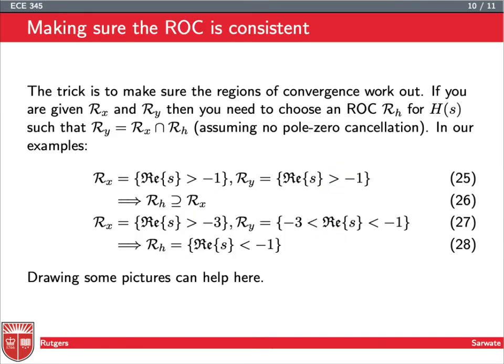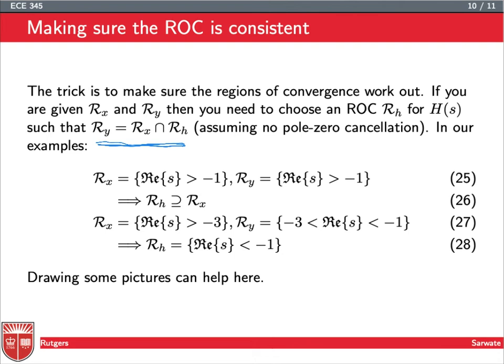The main challenge, of course, is to make sure that these regions of convergence are consistent, as I said before. So basically, and I did this in the previous example, so I'm just reiterating here, you want to make sure that your Ry, the region of convergence for the output signal, is the intersection of the input and the impulse response. And of course, this is assuming no pole zero cancellation in the process.